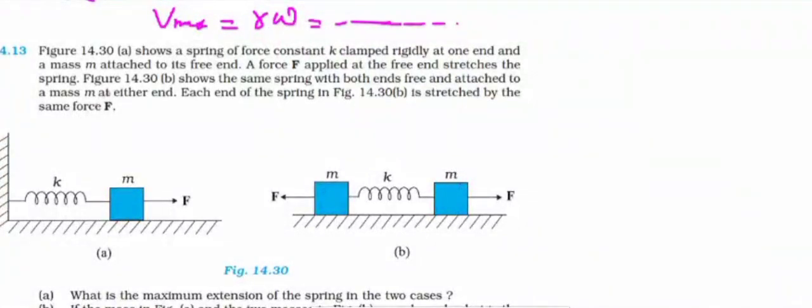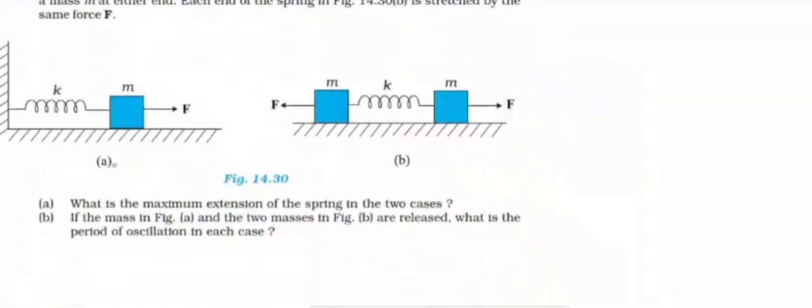Okay, and figure B shows the same spring with both ends free and attached to a mass M at either end. Each end of the spring is stressed by the same force F. So understand the situation given there.